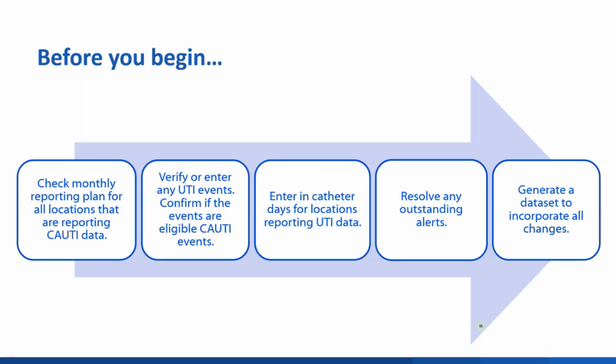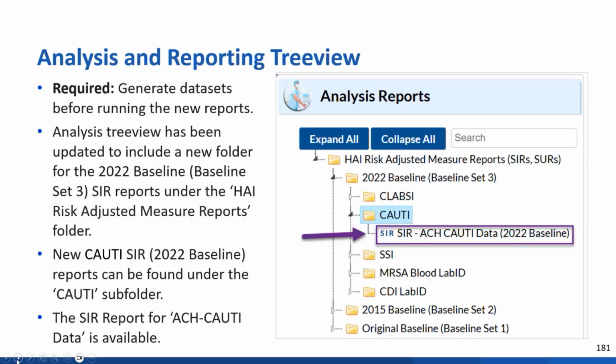And then the last step of this process is to generate a data set to incorporate all these changes that you have made. This ensures that your analysis reports will include the most up-to-date data points. So, as mentioned, the most important thing is to generate your data sets so your analysis reports have the most current information.